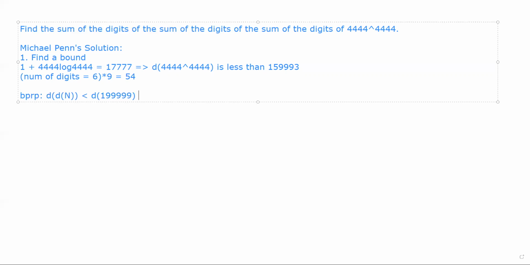What Michael Penn here is doing, MP, is d of n is less than d of 999999. So they just have disagreeing viewpoints on the bound, but it seems like so far it's logical. I could follow it.